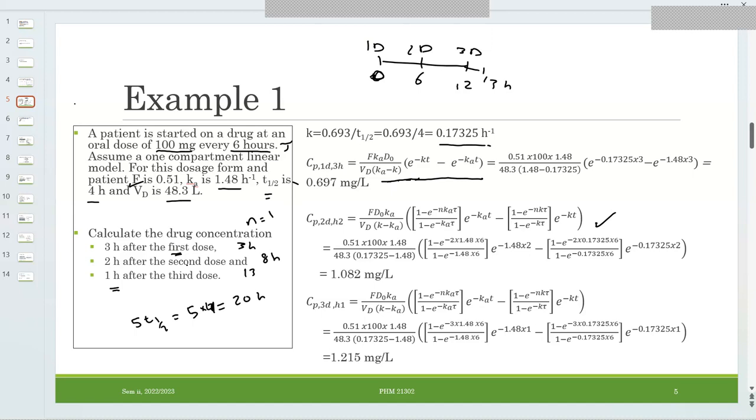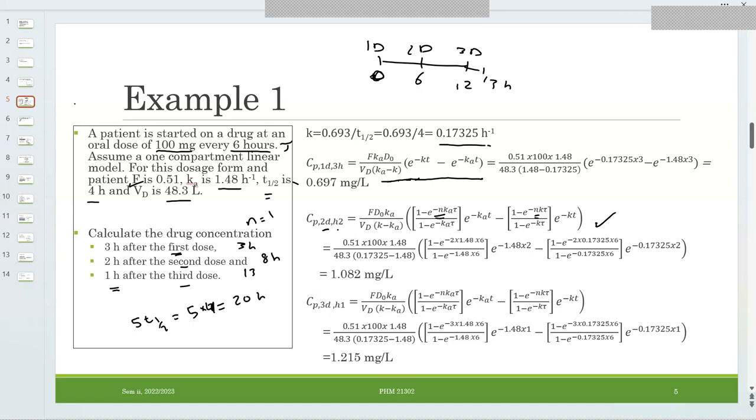But if we have more than one dose, then we have to use the big equation that contains the number of doses. So just substitute the values: bioavailability, dose, absorption rate constant, volume of distribution, elimination rate constant, and so on.